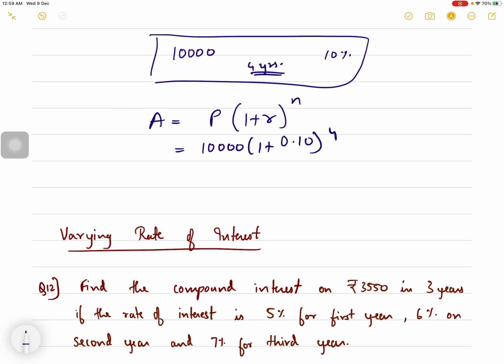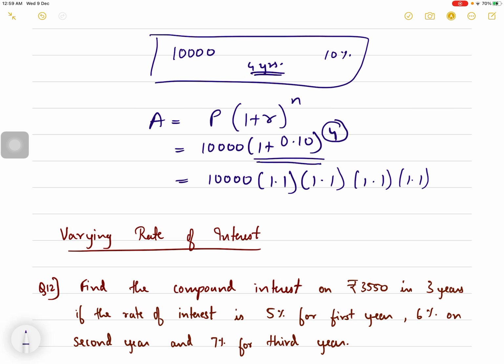So 1 plus 0.10 raised to 4. That means you are multiplying whatever is in the bracket 4 times, because you want interest for 4 years. So which is 10,000 into 1.1 into 1.1 into 1.1 into 1.1, right?